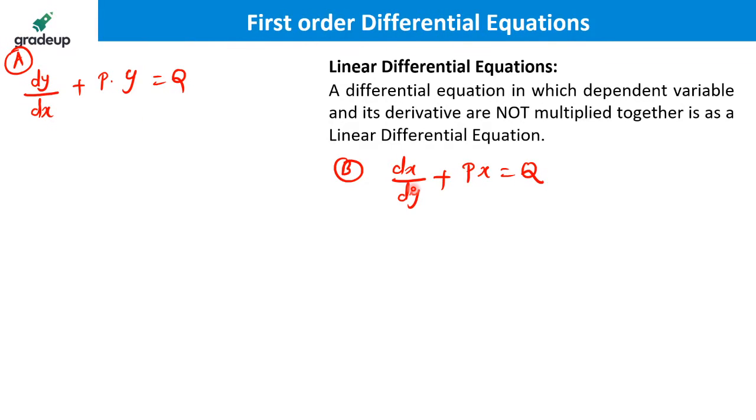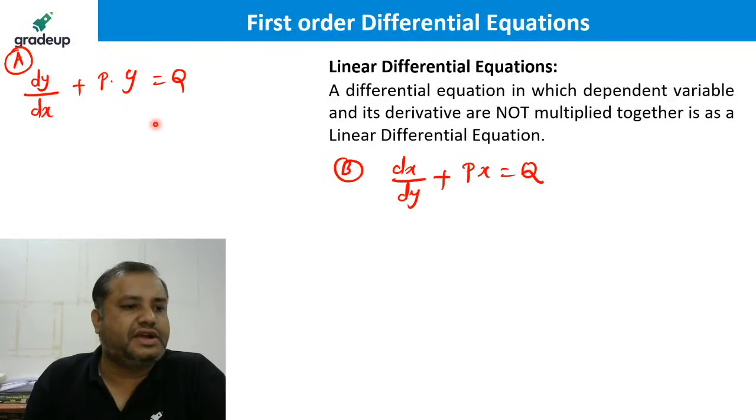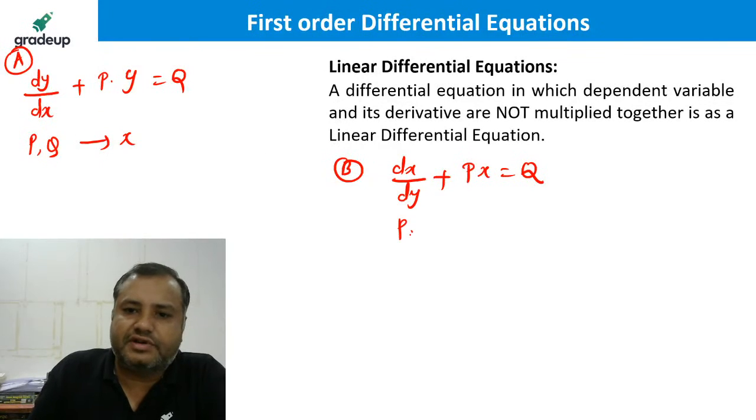Here x is dependent and y is independent. So the role of dependent and independent variable is different in the two equations. P and Q are always functions of the independent variable. So here they are functions of x and here they are functions of y.